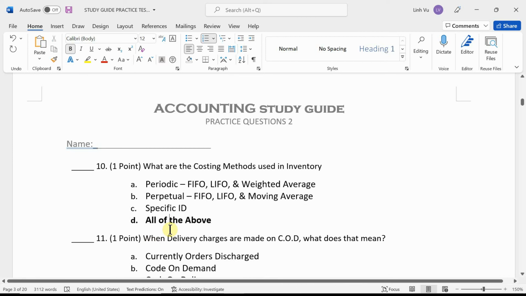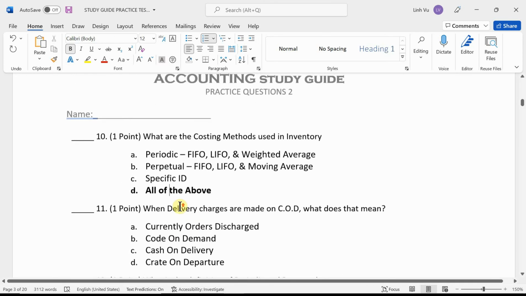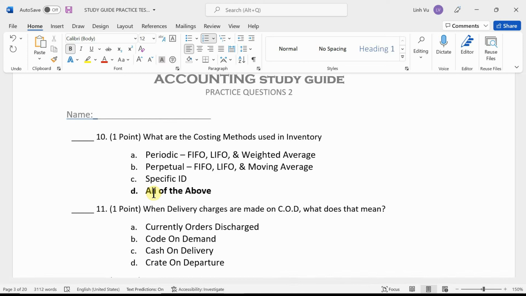And we also talked about specific ID. We didn't actually learn it, but it's like an auto mechanic shop, where you keep track of your inventory based on the specifics of that item.